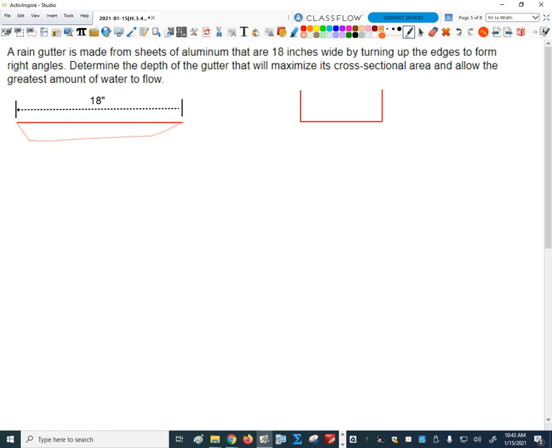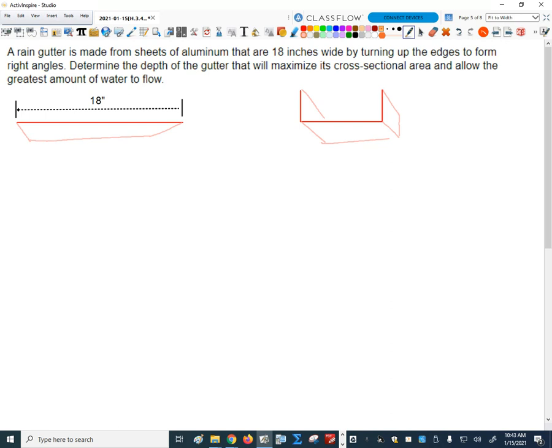You can cut your fingers on them. But then I just have to bend up the edges here to create a trough. So my trough might end up looking something like that. You get the idea? There's my trough, right? Everybody see what I'm doing there?